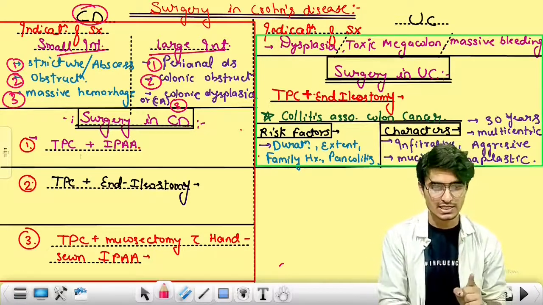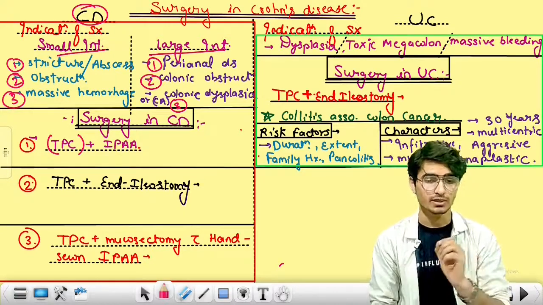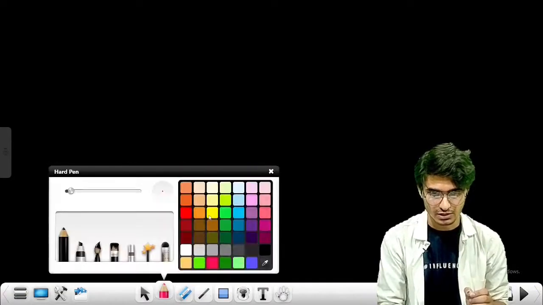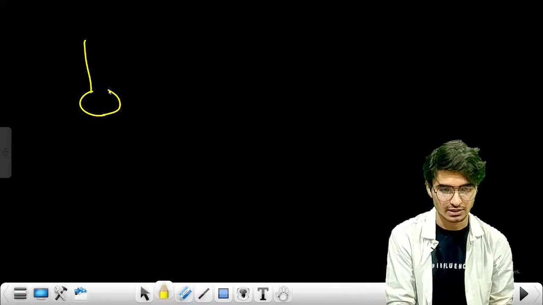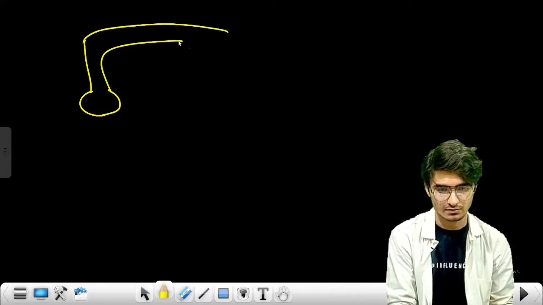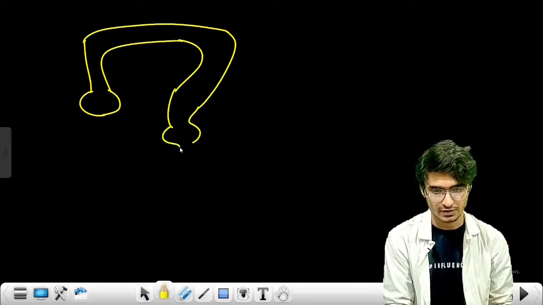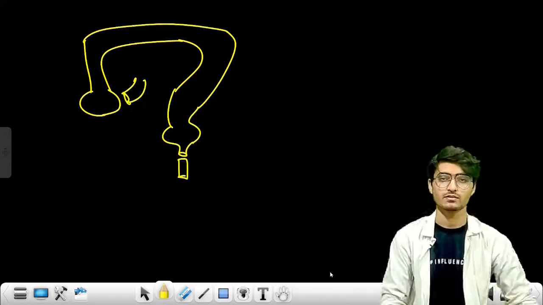So first thing is the TPC, that is the total proctocolectomy, right? So what is that? Okay, so this is our cecum, ascending colon, transverse colon, and that is our descending colon, sigmoid colon, that is our rectum, and this is our anal canal here, and this is our terminal portion of ileum here, right?